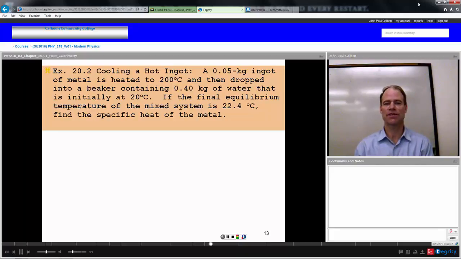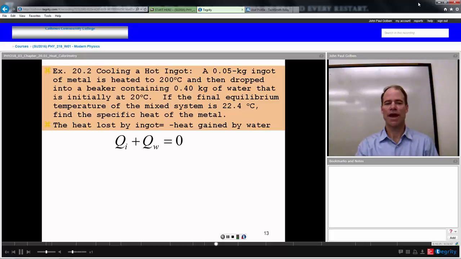Find the specific heat of the metal. So we're going to put this hot ingot into water, and the water is going to rise to 22.4 degrees Celsius, and the ingot is going to lose temperature from 200 degrees Celsius down to the final 22.4.